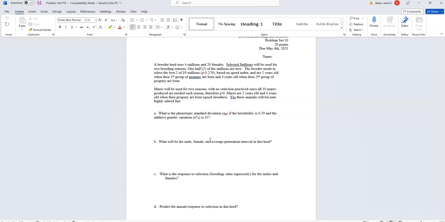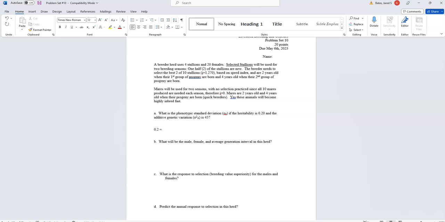your heritability is equal to the additive genetic variance divided by the phenotypic variance. So I've got to find the phenotypic variance first before I can find the phenotypic standard deviation. All I'm going to do is take 0.20, that's my heritability.